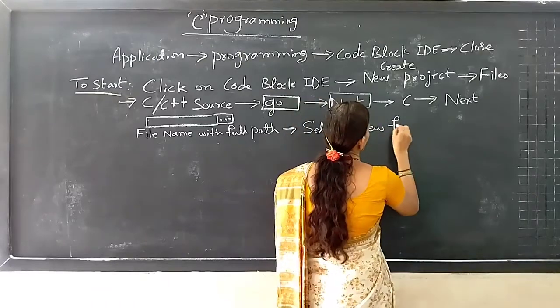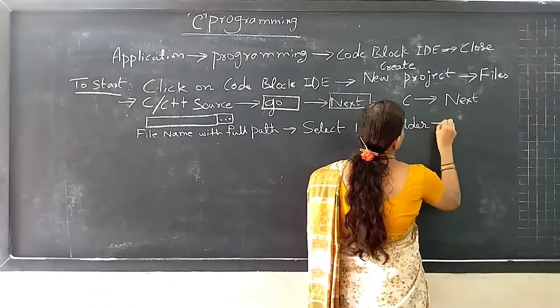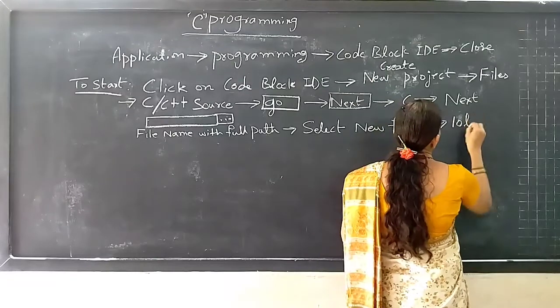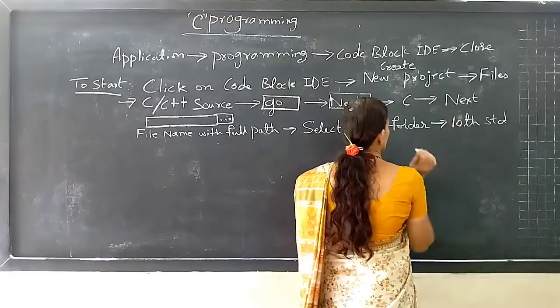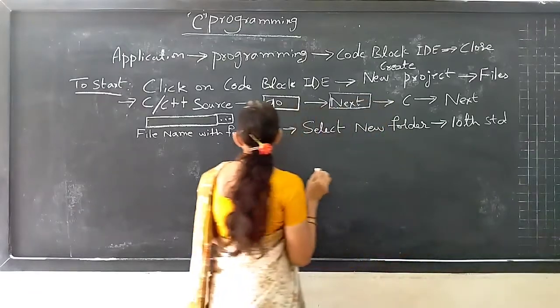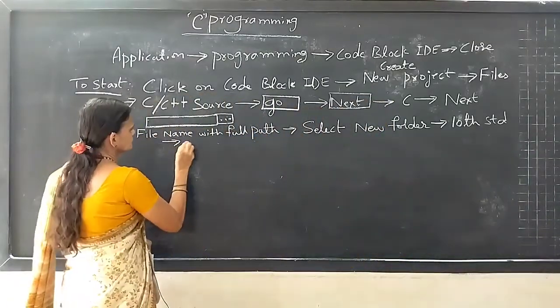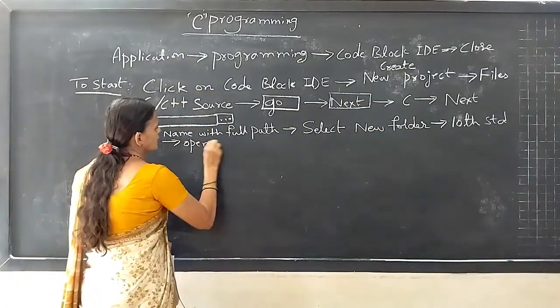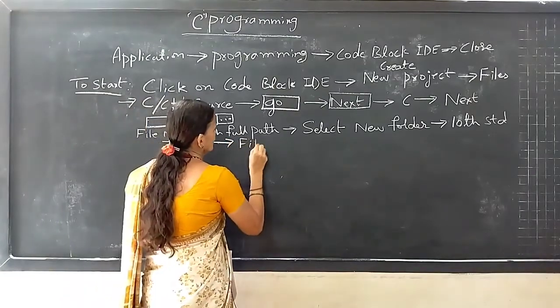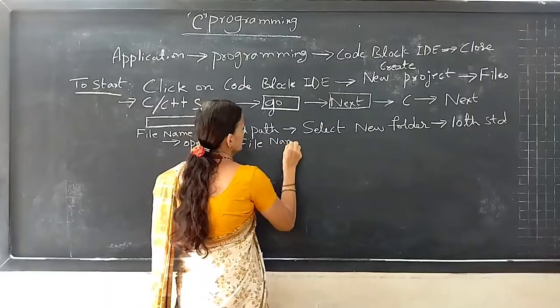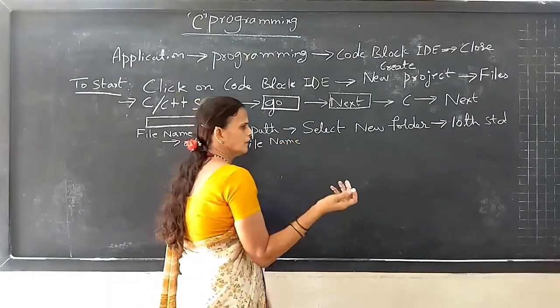You can give the folder name as 10th standard. Then open that and you have to write a file name. File name we can write any name. You can write your name or any name.